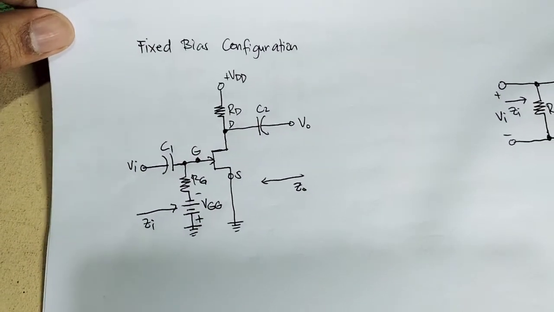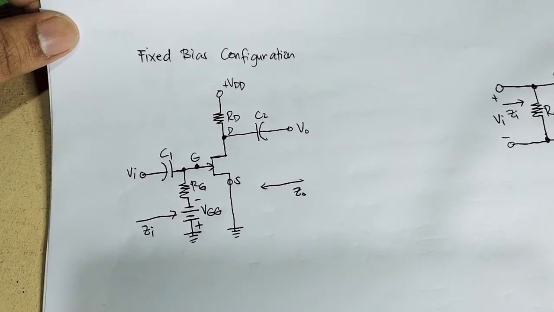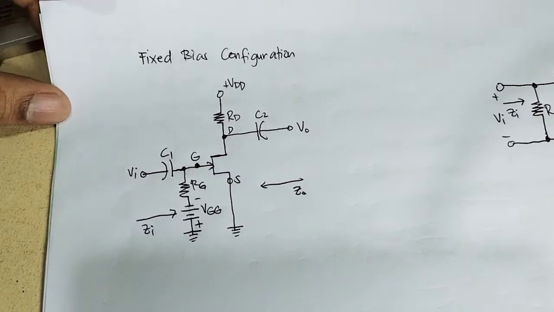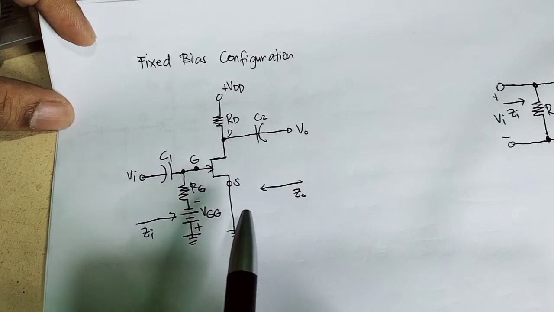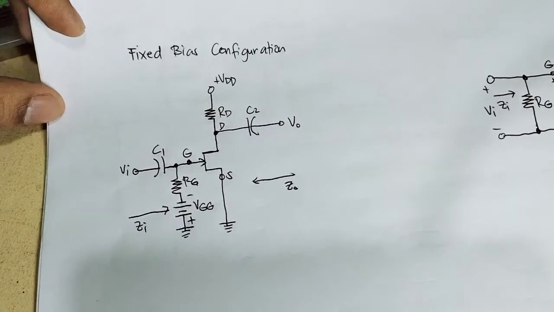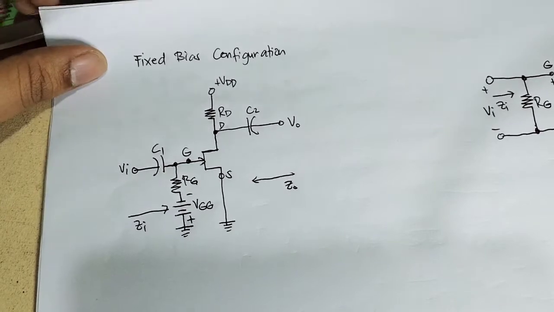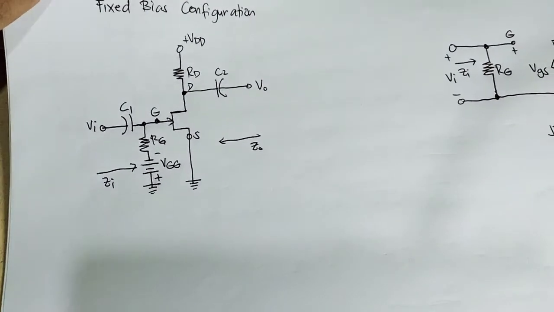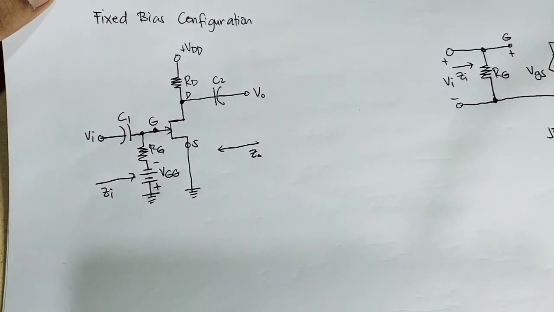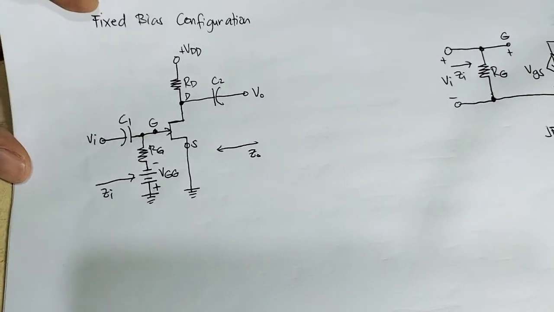So applying the AC analysis, same with the BJT model, AC equivalent, in order to analyze this configuration in AC analysis, we should short all capacitors and ground all DC sources.